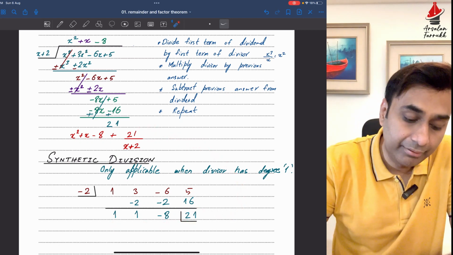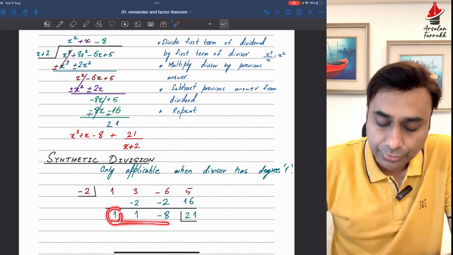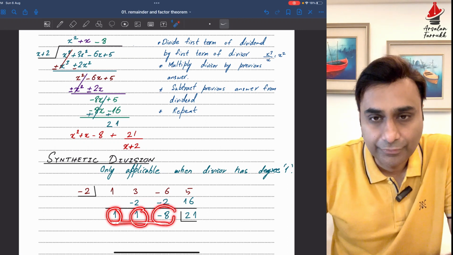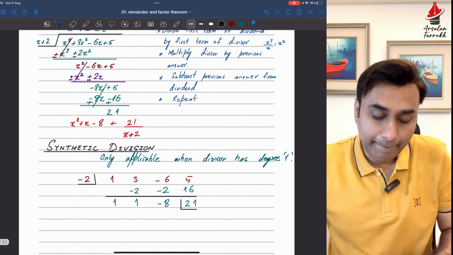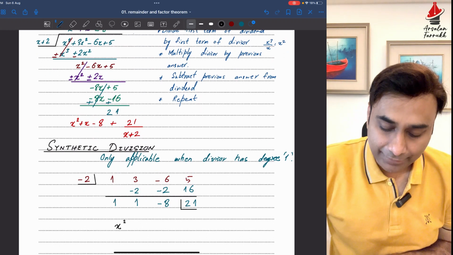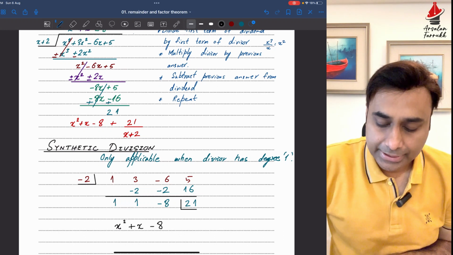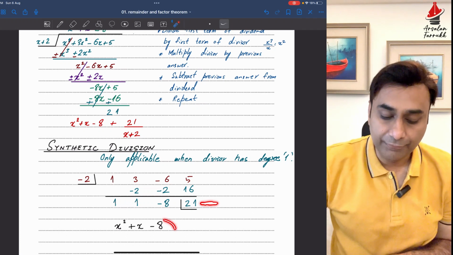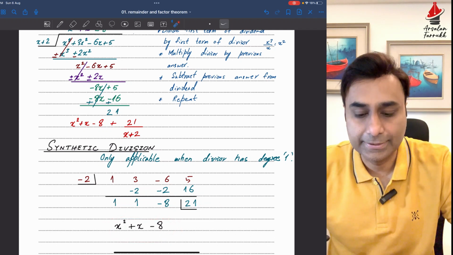So if the dividend had a degree 3, then your quotient would have a degree 2. So this is the coefficient of x squared, this is the coefficient of x, and this is the constant term. So I can rewrite my quotient here in one step, which would be x squared plus x minus 8. So this is my remainder 21, which I got directly, and this is my quotient, which is going to be x squared plus x minus 8.